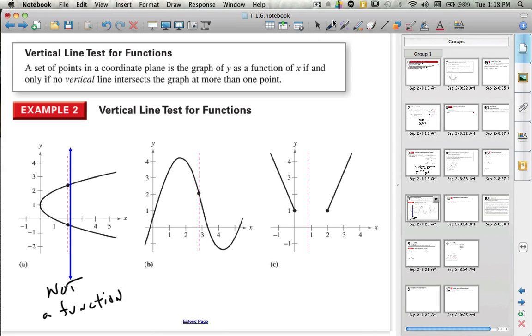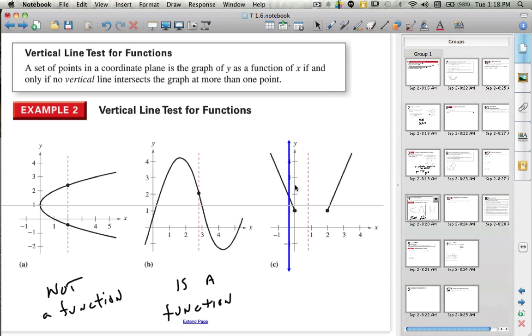So the vertical line test says that if I draw a vertical line through my graph, if I hit the graph at more than 1 point at any point along the way, it's not a function. Well, if you look at this one, as I take my vertical line across, it never hits the graph in more than one place. So this one is a function. And if I take my vertical line onto this next item, the fact that I hit nothing here is fine.